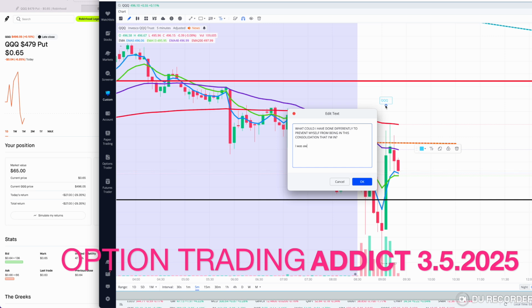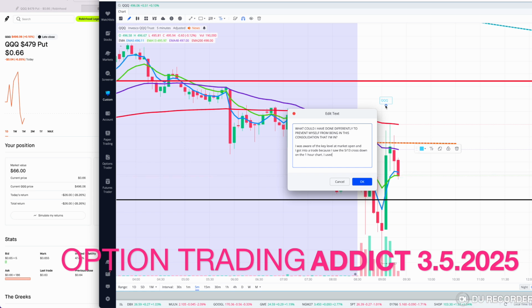I was aware of the key level at market open, and I got into a trade because I saw the 513 cross down on the 1 hour chart.